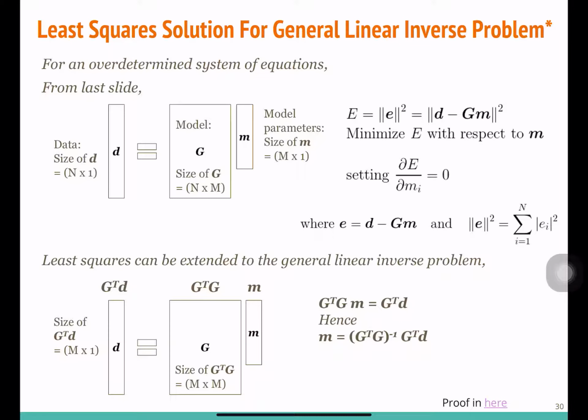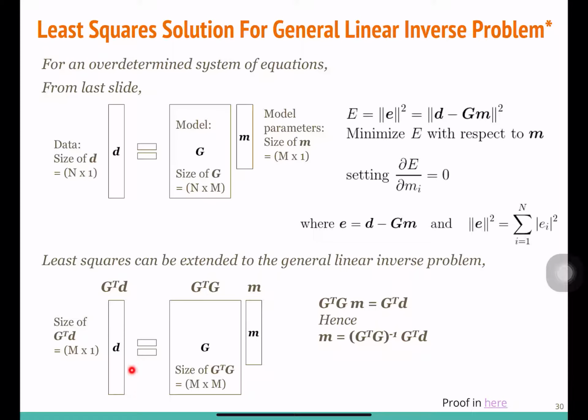for the general linear inverse problem, this is what we talked about in the last slide. We have the model, the model parameters and data, and then we minimize the error to find all the m values. This is a general linear inverse problem. How do we solve this if it's not just a straight line problem?